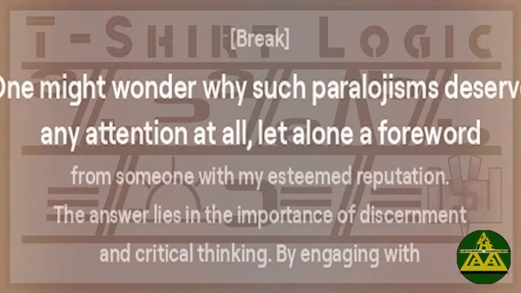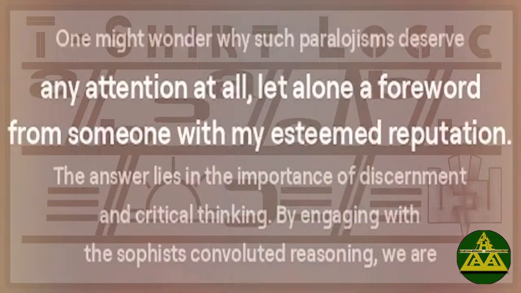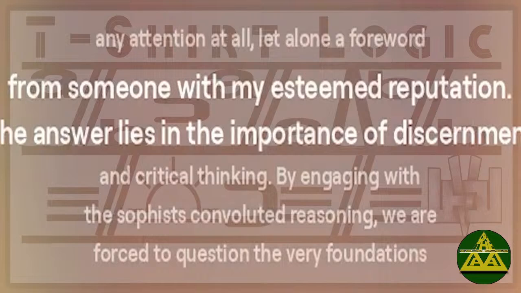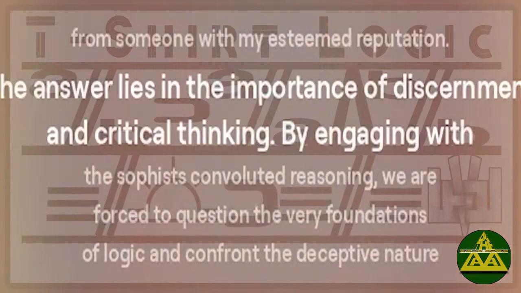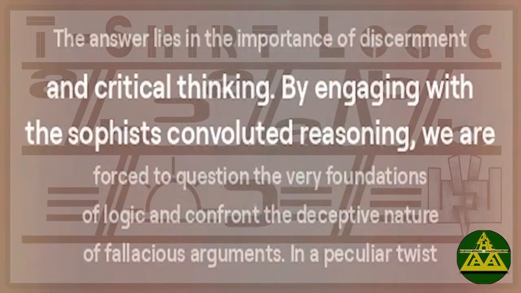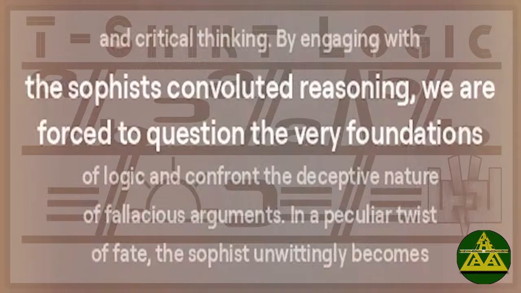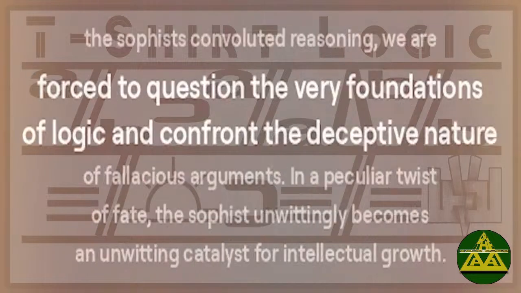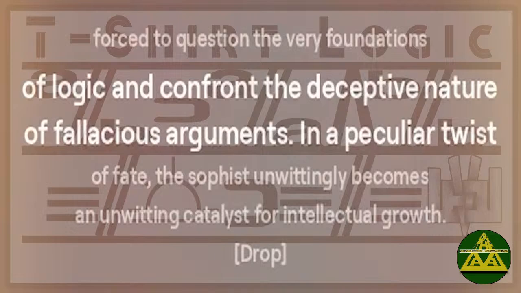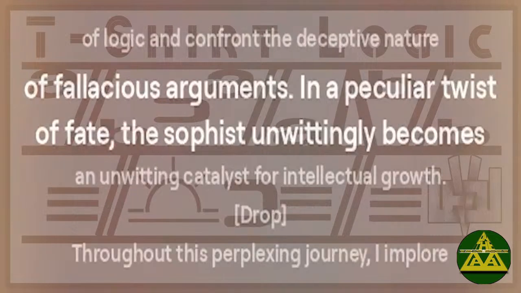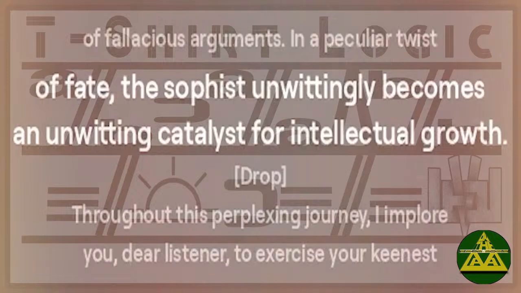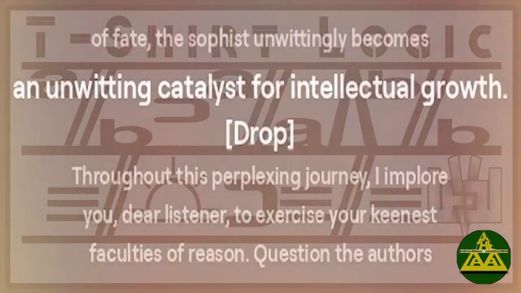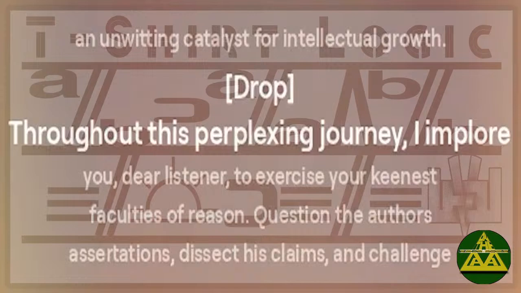One might wonder why such paralogisms deserve any attention at all, let alone a foreword from someone with my esteemed reputation. The answer lies in the importance of discernment and critical thinking. By engaging with the sophist's convoluted reasoning, we are forced to question the very foundations of logic and confront the deceptive nature of fallacious arguments. In a peculiar twist of fate, the sophist unwittingly becomes a catalyst for intellectual growth.